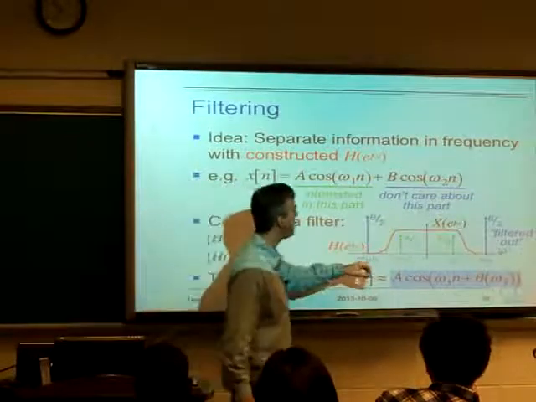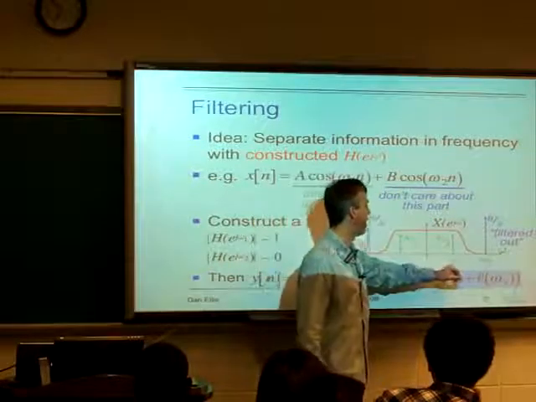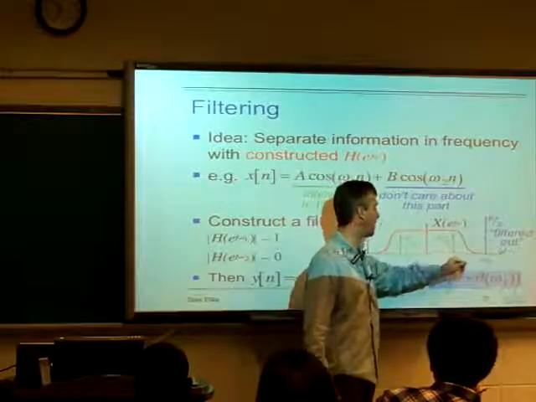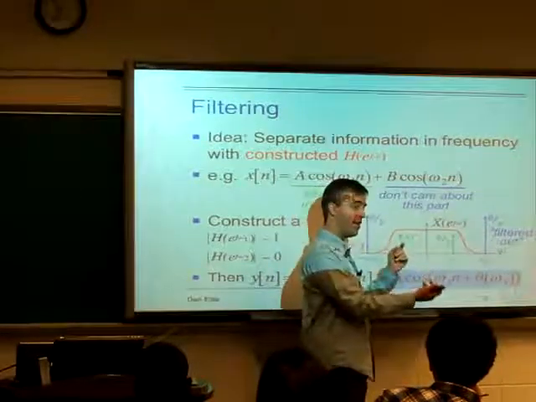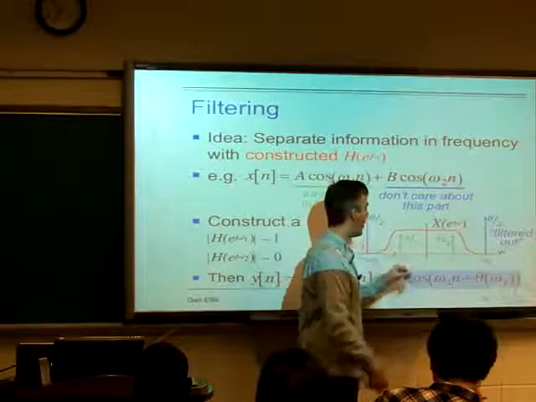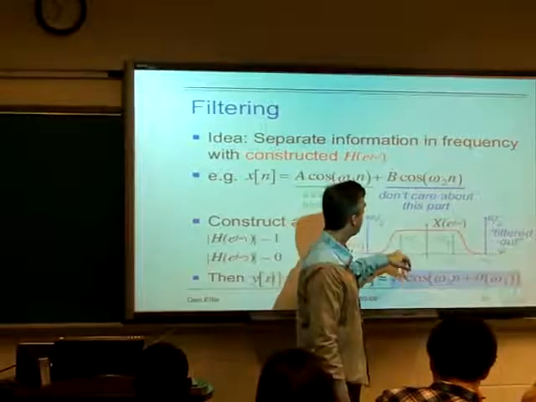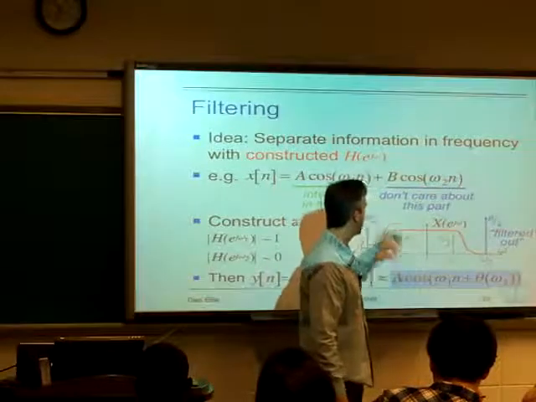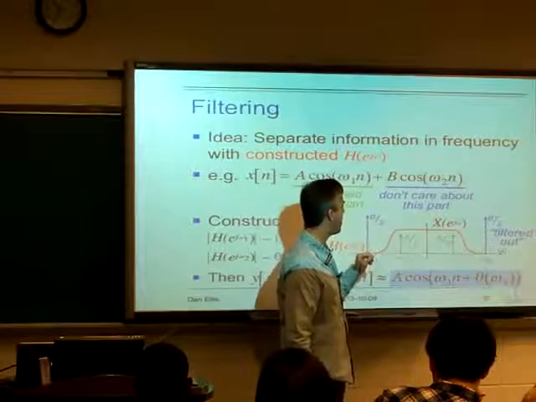And so here's a frequency domain view of this. If these are cosines, then in the Fourier transform they're composed of a plus omega and a minus omega component, right? Because cosine is e to the j omega plus e to the minus j omega, with amplitude A on 2 in each of them. So here's our A component, omega 1, and let's say omega 2 is larger. So here's our B component at frequency omega 2.